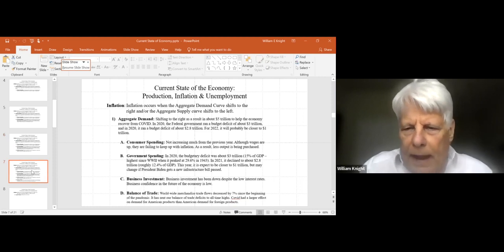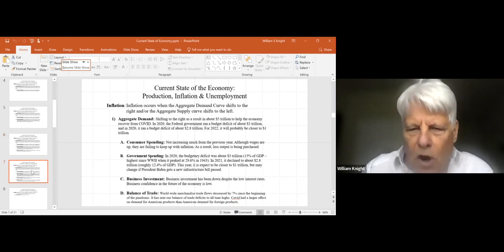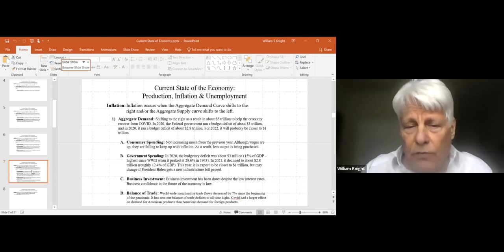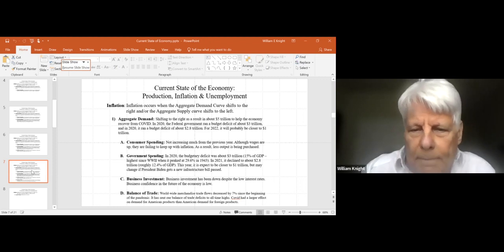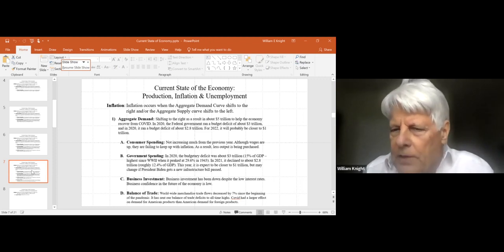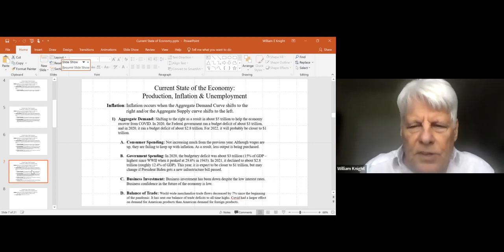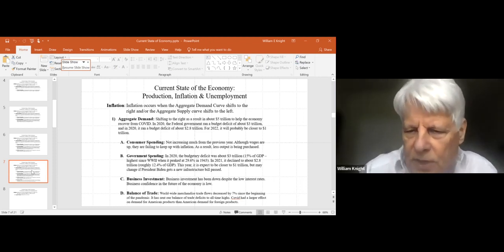What about our balance of trade? That's foreigners spending on American products and American spending on foreign products. Now, worldwide merchandise trade flows decreased by about 7% since the beginning of the pandemic. 7%, that's significant.